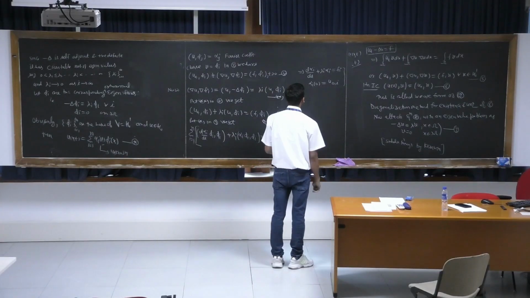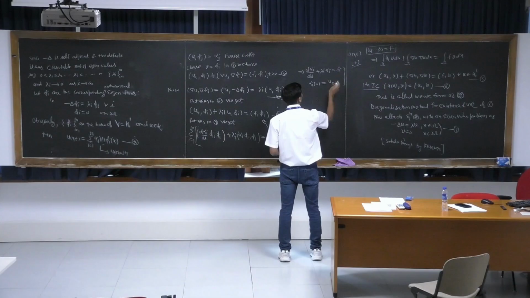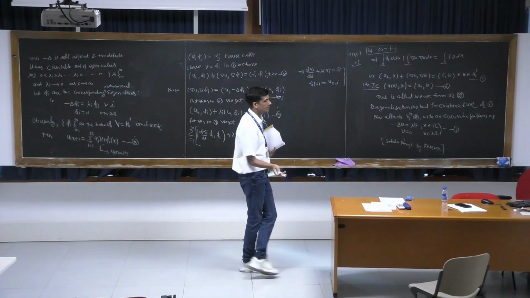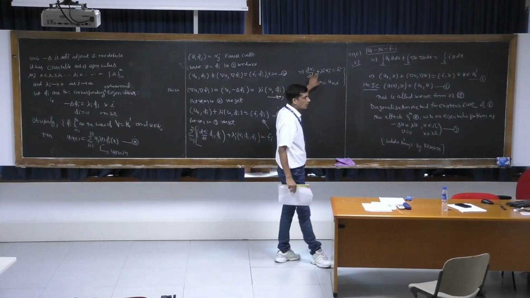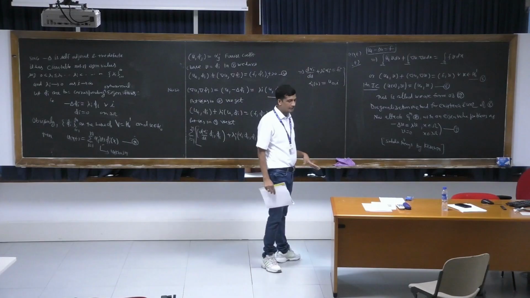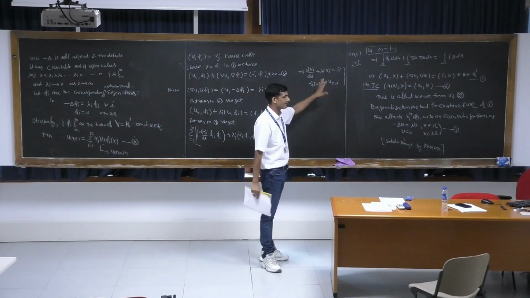Okay, so now the solution of this problem is easy to find, because this is a system of first order ODEs in the alphas, and by Picard's theorem its solution exists and is unique.